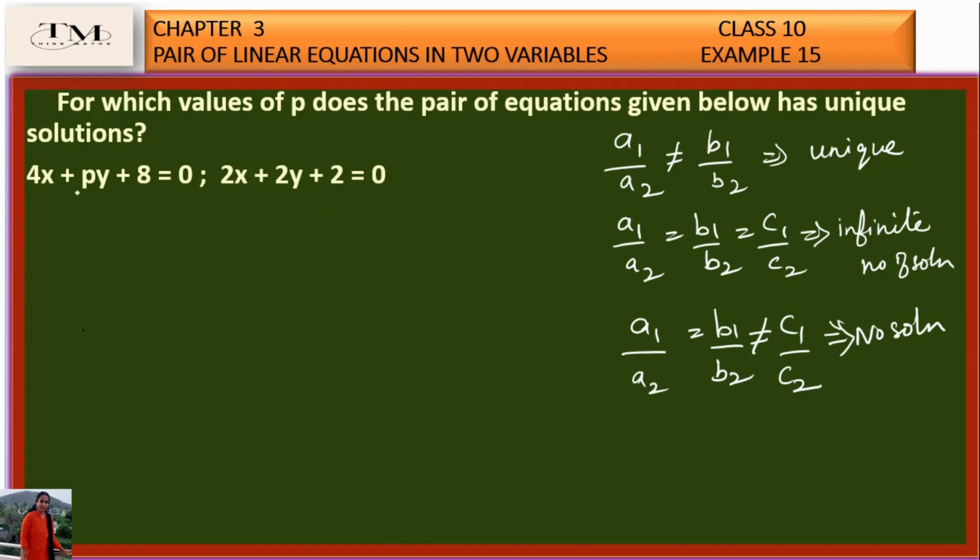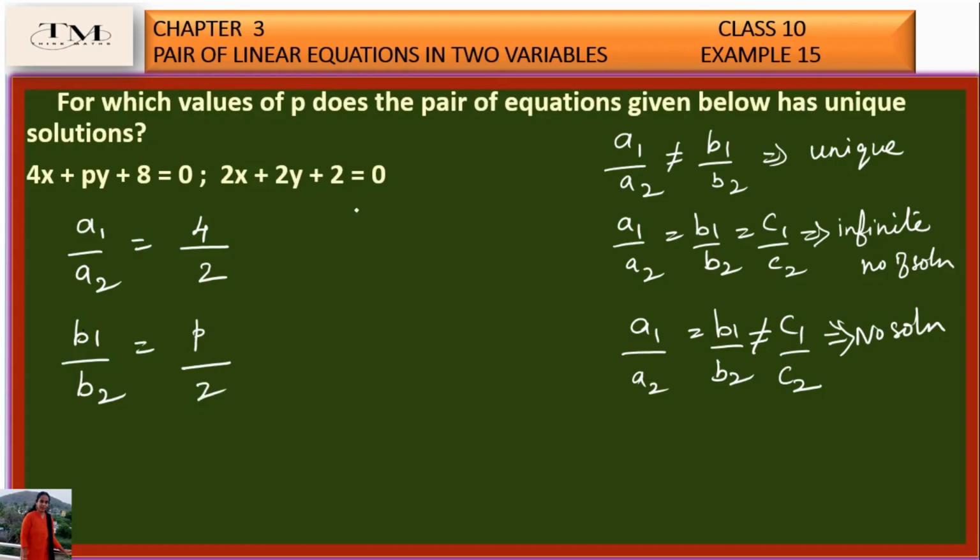So these are the three conditions for the solution. Now they gave a pair of linear equations, and we have to find the condition such that the equations have a unique solution. First let us write A1 by A2. A1 is 4, A2 is 2. Next B1 by B2: B1 is P and B2 is 2.